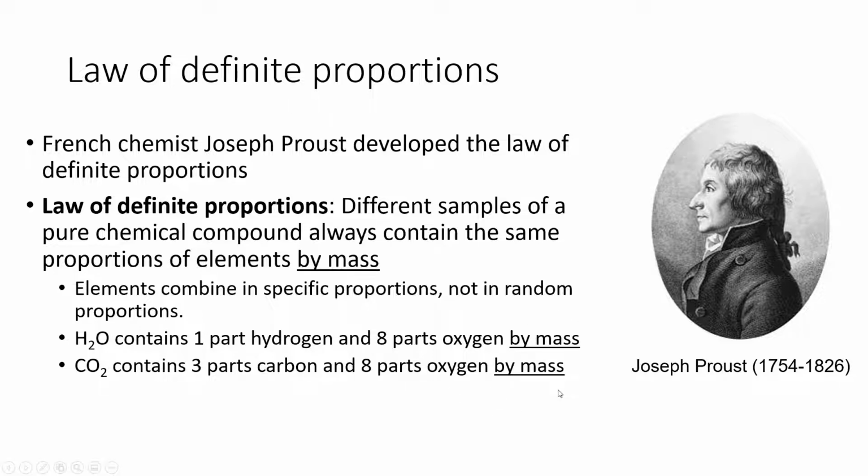Again, the important part of this law of definite proportions is that it is by mass. No matter what water molecule or carbon dioxide or any chemical you look at, it will always have the same proportions of its constituent atoms by mass.